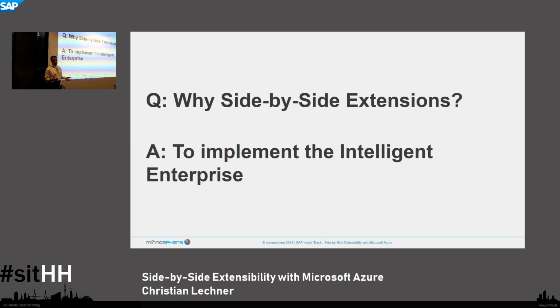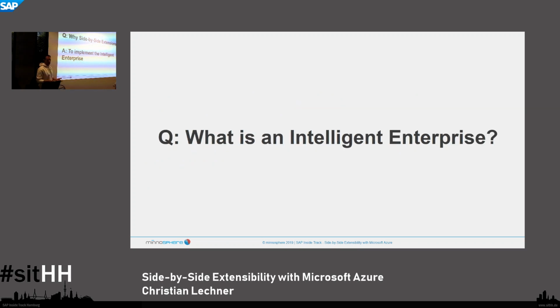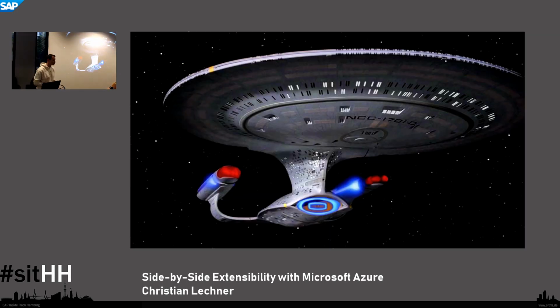That's a logical follow-up question, because there is no real clear definition of the intelligent enterprise. It's a word that was coined in the last years, quite pushed by SAP. When I think about the intelligent enterprise, there is one picture that comes to my mind, which basically has nothing to do with the intelligent enterprise, although it's the next generation.